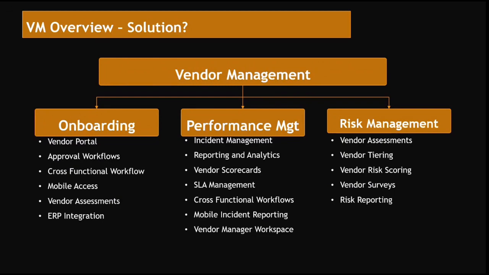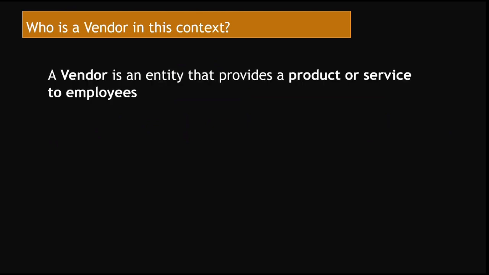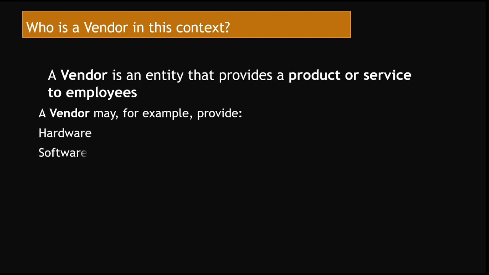These are the solutions for vendor management. So next, who is a vendor in this context? A vendor is an entity that provides a product or service to the employees. For example, a vendor may provide hardware, software, or services like IT security.